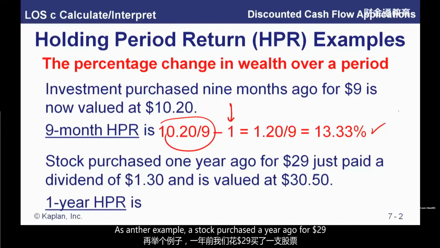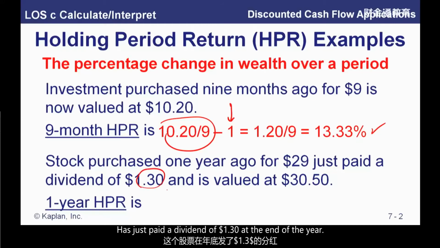As another example, a stock purchased a year ago for $29 just paid a dividend of $1.30 at the end of the year, and after paying that dividend, its value is $30.50. So what's our holding period return? Well, here we've got a total return because we're including a cash flow.